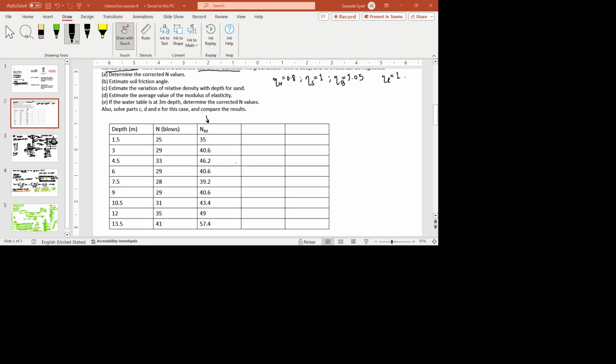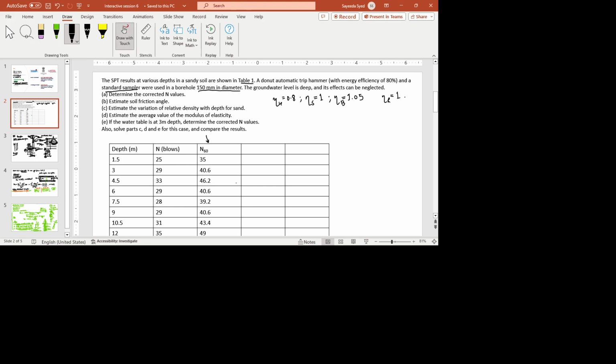Since in our question we have been given a coarse grained soil or a sandy soil, we should mention that there are two corrections that we do for sandy soils, that is, correction for overburden and correction for dilatancy.